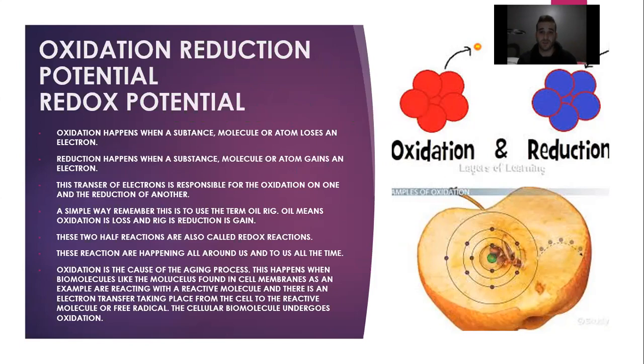So all these things, if we don't have the proper nutrition and the proper immune system and the proper amount of antioxidant production, can create a lot of oxidation in the body.